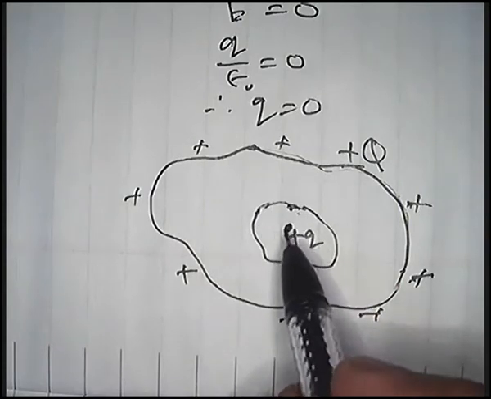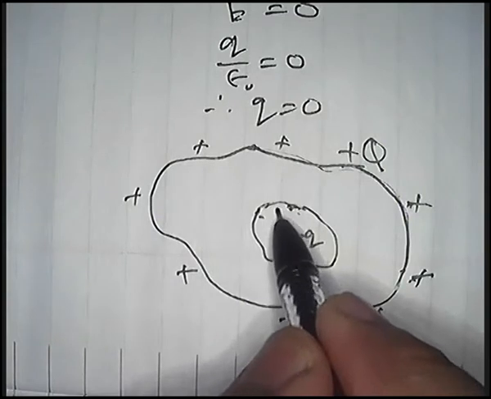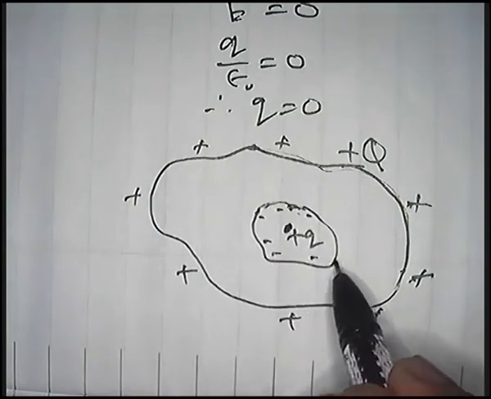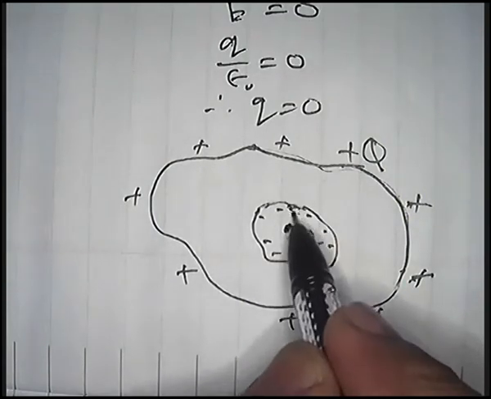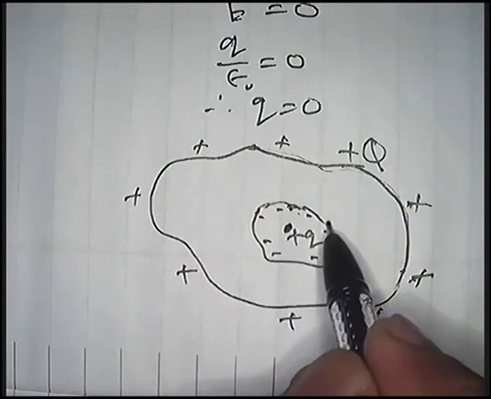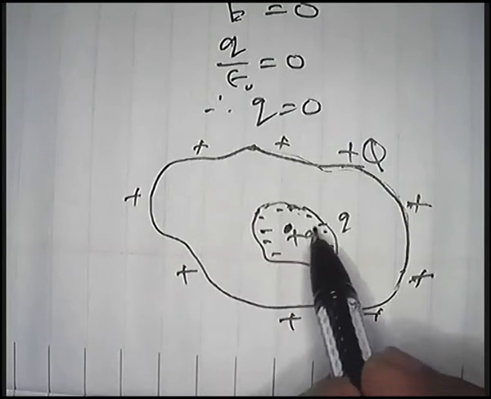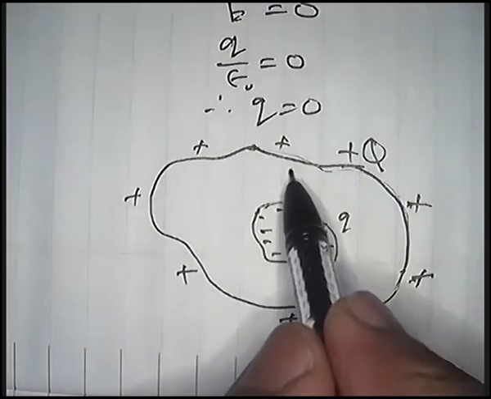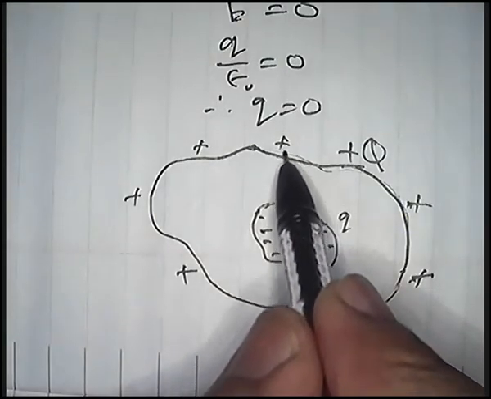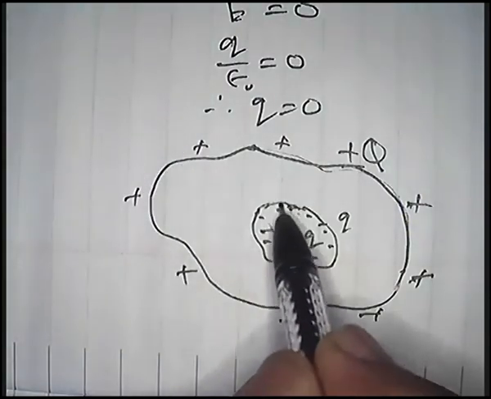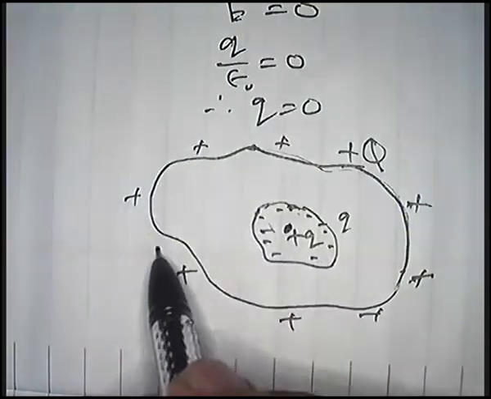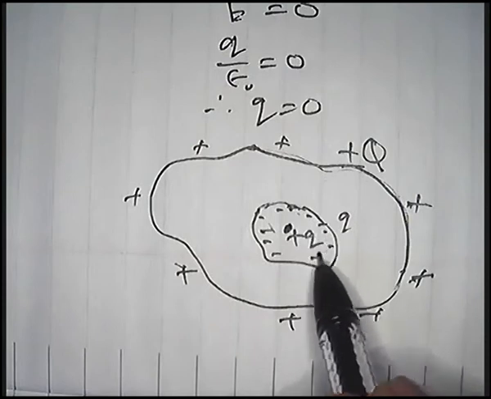So due to induction, equal and opposite charge gets developed on the inner surface of the cavity, minus q. Similarly, at the same time, the same charge, opposite charge, is developed at the farther end. What is the farther end of the cavity? The outer surface is the farther end of this cavity.